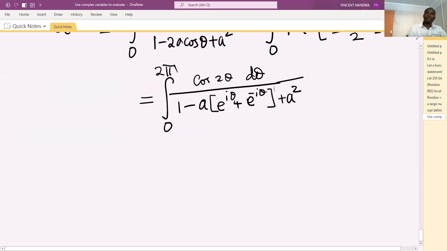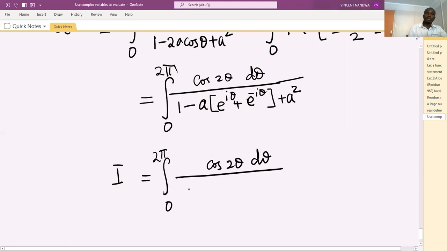Next step, open the brackets. So we'll have I equals the integral from 0 to 2 pi of cosine of 2 theta d theta over 1 minus a e raised power i theta minus a e raised power negative i theta plus a squared.